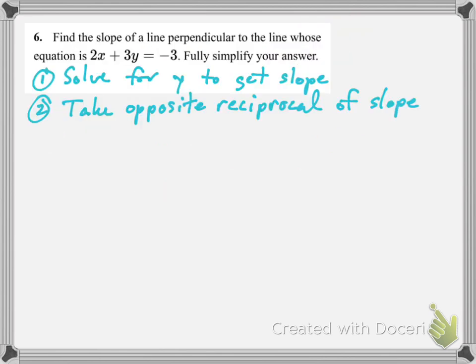Okay. Next one, it says find the slope of the line perpendicular to the line whose equation is 2x plus 3y equals negative 3. Fully simplify your answer. So, first, we want to solve for y to get the slope of the original given line. We've been doing this for a little bit now, so hopefully we're good at it.